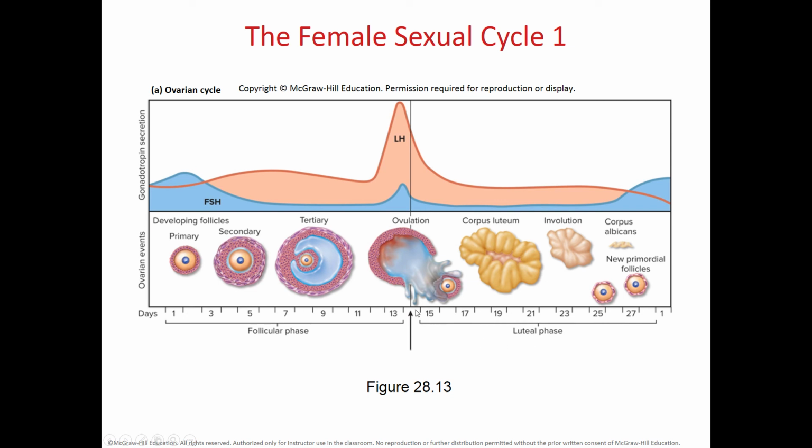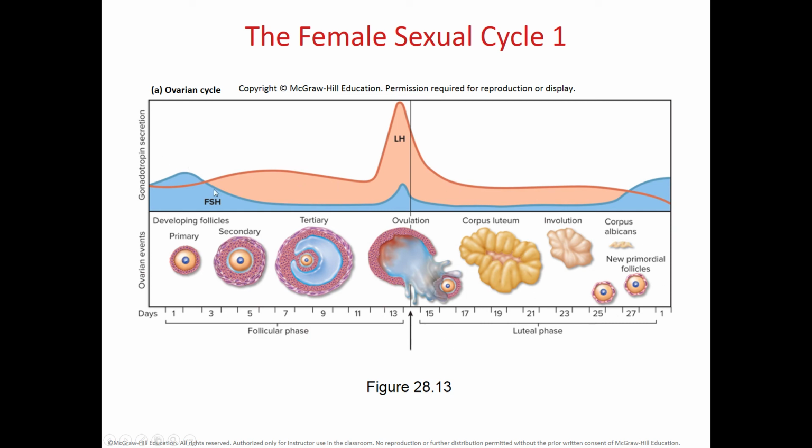And then after day 14, which is when ovulation happens, you have the days between 14 through 28, which will correspond to the luteal phase or the secretory phase of the uterine cycle.